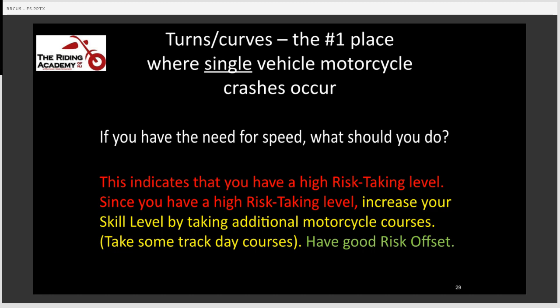Number one, maybe you were involved in a really bad crash and you walked away in one piece and you made a deal with the man upstairs. Hey, I'm going to ride like an angel for the rest of my life. That's one way. Another way is, maybe once you start approaching the age of the big 50, you start realizing, hey, I'm not Superman anymore. I can get hurt. If I bust a leg, I'm going to be out of work.